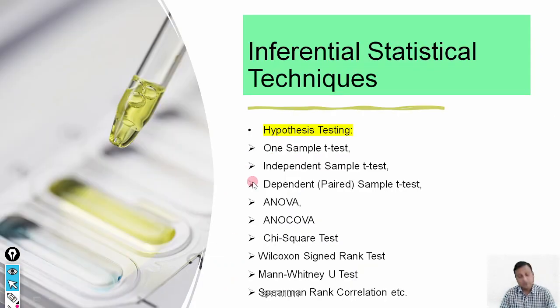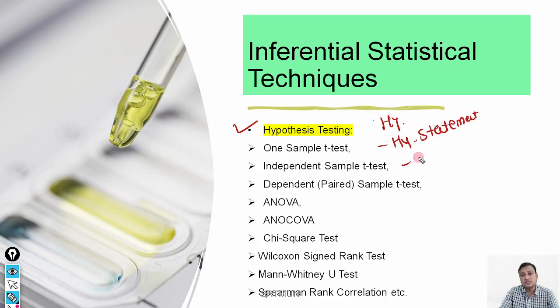Now, what are the different statistical methods involved in inferential statistics? They are as follows. Inferential statistics, actually it is associated with hypothesis testing. Now what is the meaning of hypothesis? How to make a statement for hypothesis and how to test it.